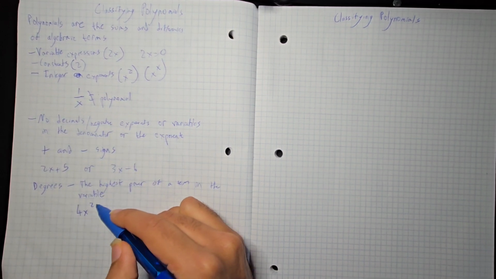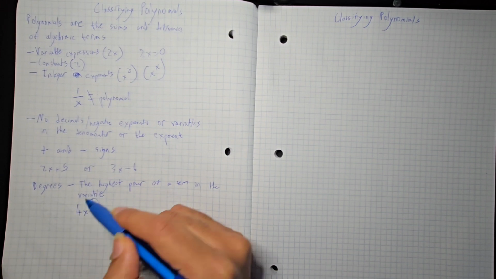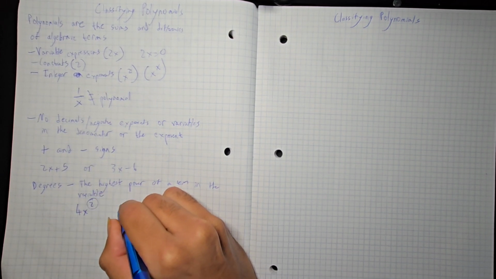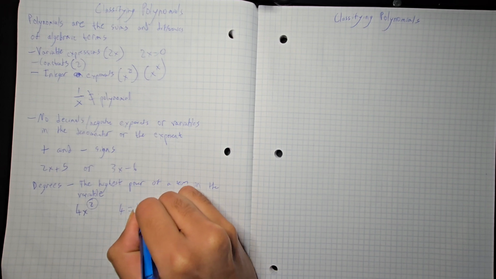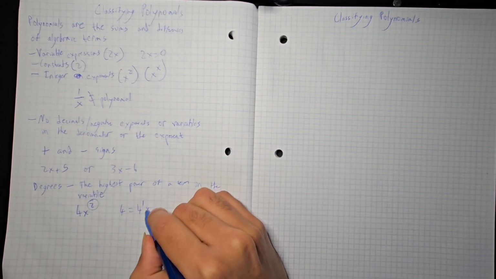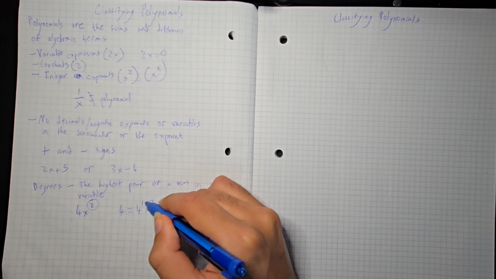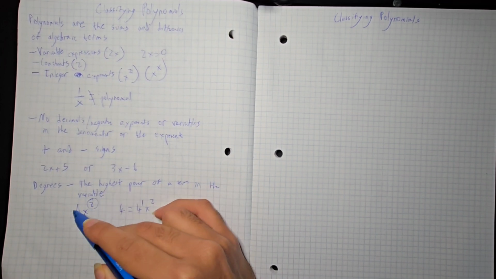In this term, the highest power is 2, because technically if you take a look at this, 4 is going to be equal to 4 to the first power, because anything to the first power is just by itself. And then this is x squared, and since 2 is greater than 1, 2 is going to be the degree of this term.